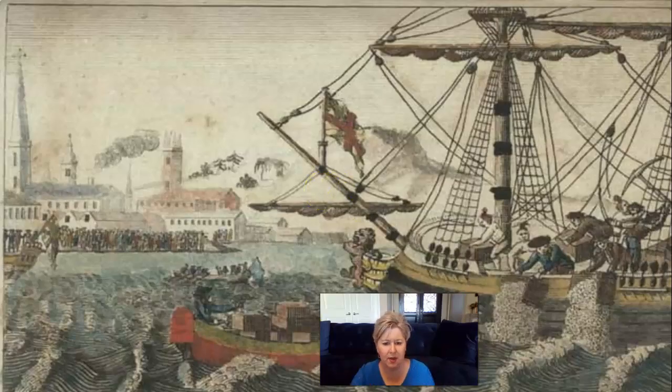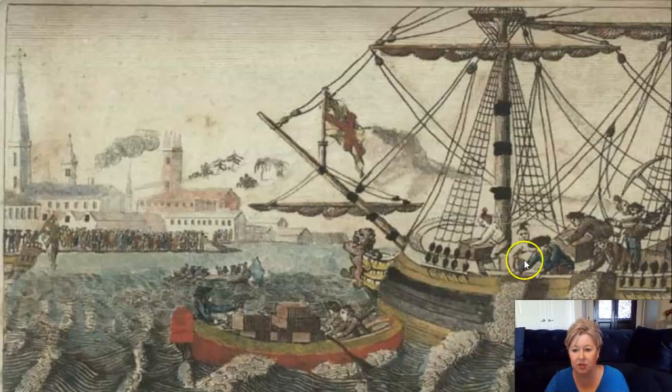This is a contemporary image of what was happening that evening. So here you see these folks on board dumping the tea. There were some of the group that disguised themselves as Mohawk Indians. The reason behind that is that the colonists at the time had adopted the Native American as a symbol of freedom. So for them, they were like dressing up as the Statue of Liberty or something as they came on board to dump this tea.